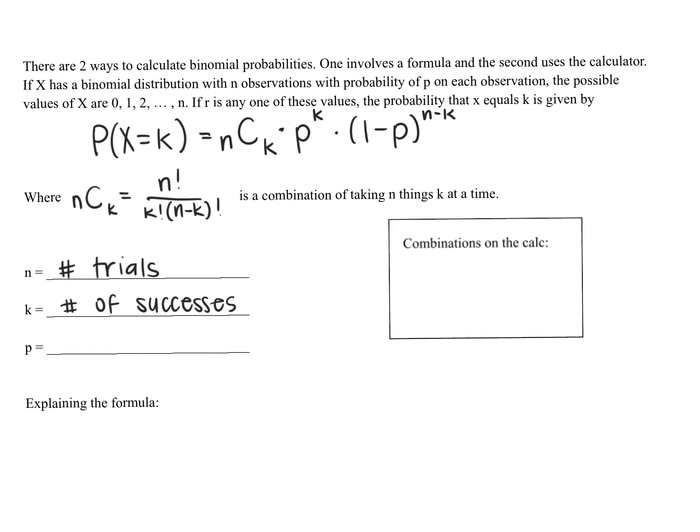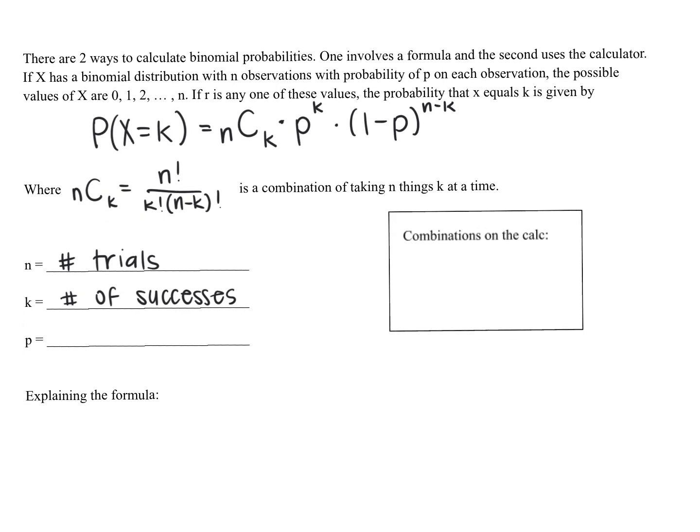And p is the probability of success. Okay. Just to kind of remind you here how to get to the combination formula on your calculator, the nCk, you go to Math, and then either PRB or PROB on your calculator, and then number 3. So it's the nCr.